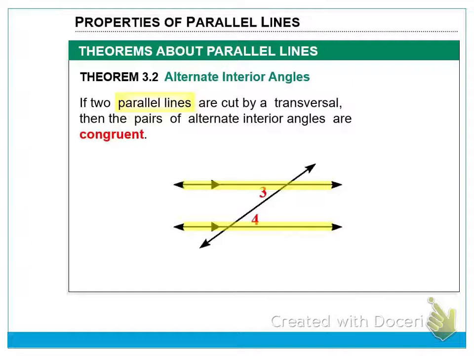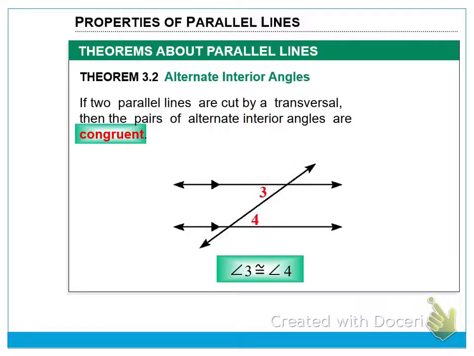Go ahead and draw in your triangles for alternate interior. So if parallel lines are cut by a transversal, then the alternate interior angles will be congruent. So you can also write in the word congruent. So alternate interior will be congruent.